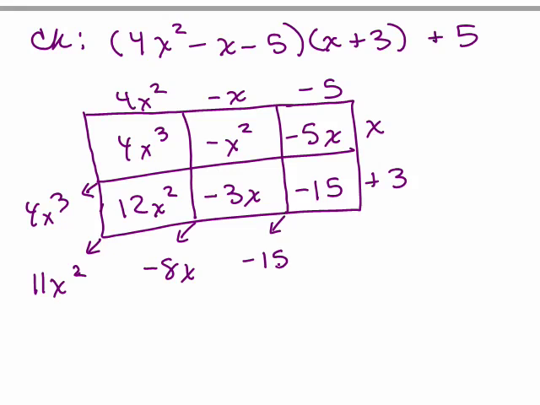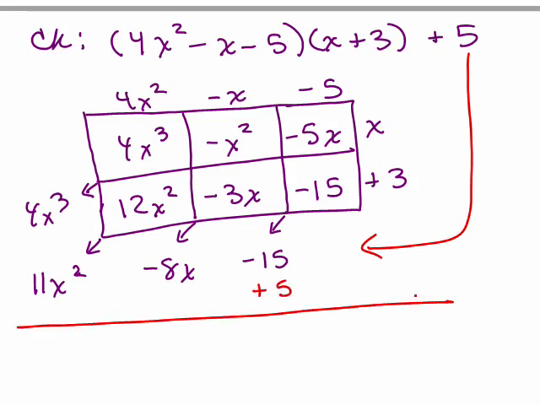But then what do I have to do? I have to add my remainder here, and that goes right here with this like term. So if I add all these, I'm going to get the 4x cubed, 11x squared, minus 8x minus 10. Was that the original numerator of that fraction?